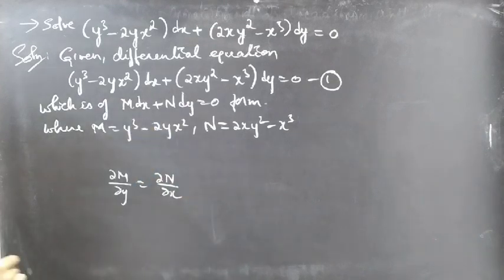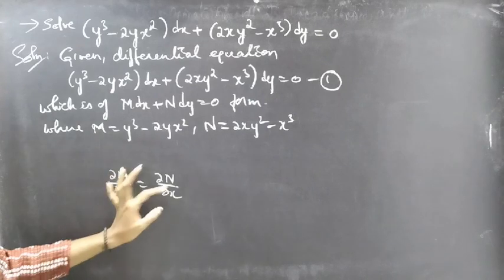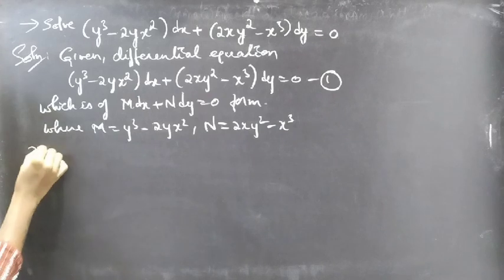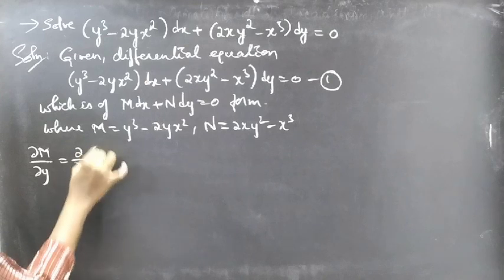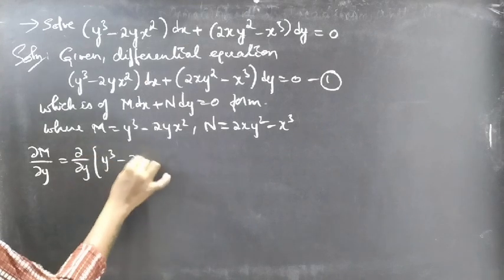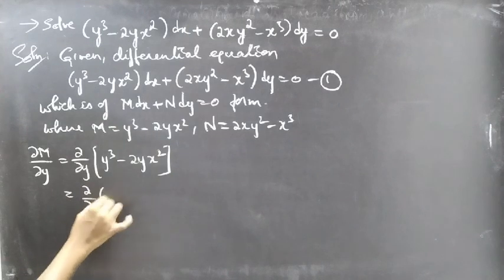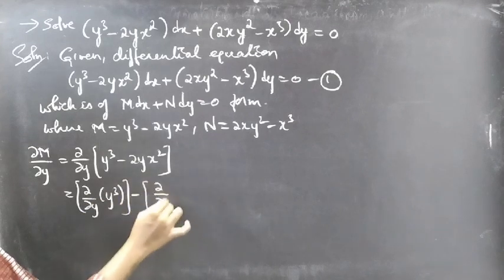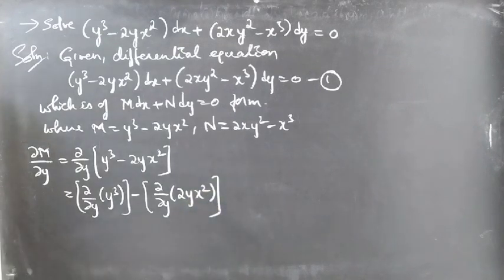So let's now find partial derivative of M with respect to y and partial derivative of N with respect to x. Dou by dou y of M: y cube minus 2yx square. We can write this as dou by dou y of y cube minus dou by dou y of 2yx square. Since it is a partial derivative with respect to y, we'll treat x as constant.